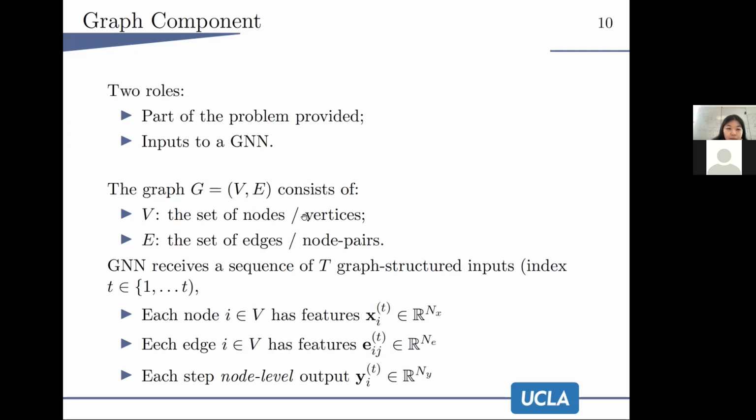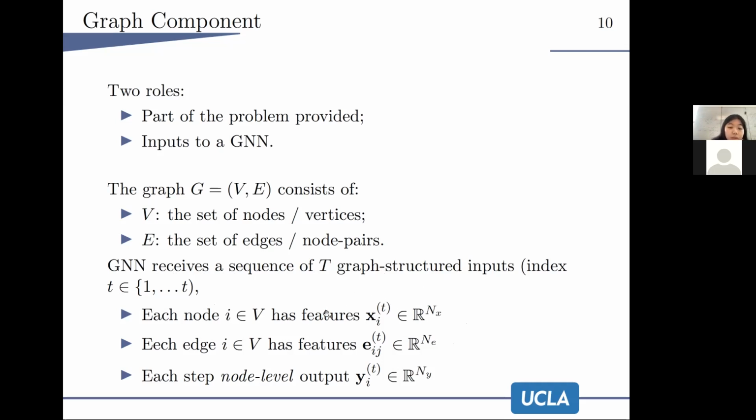So the graph is defined this way, with a set of nodes, or we can call them vertices, and with a set of edges, which in nature are node pairs. And the GNN we use to execute this graph algorithm receives a sequence of T graph-structured inputs.